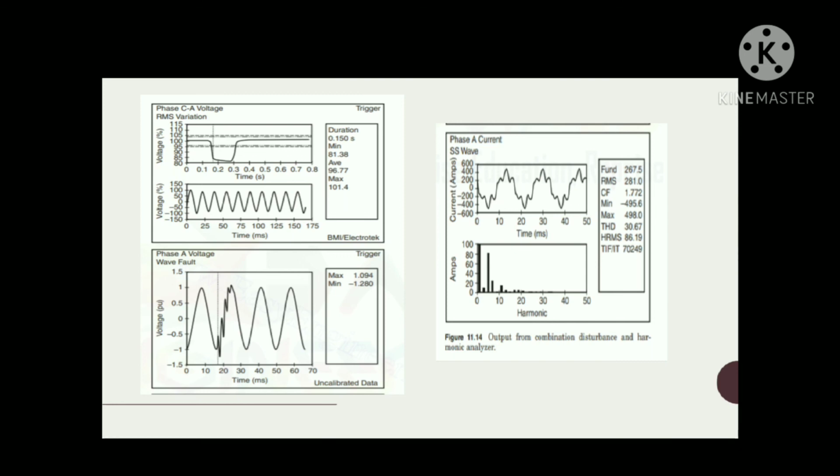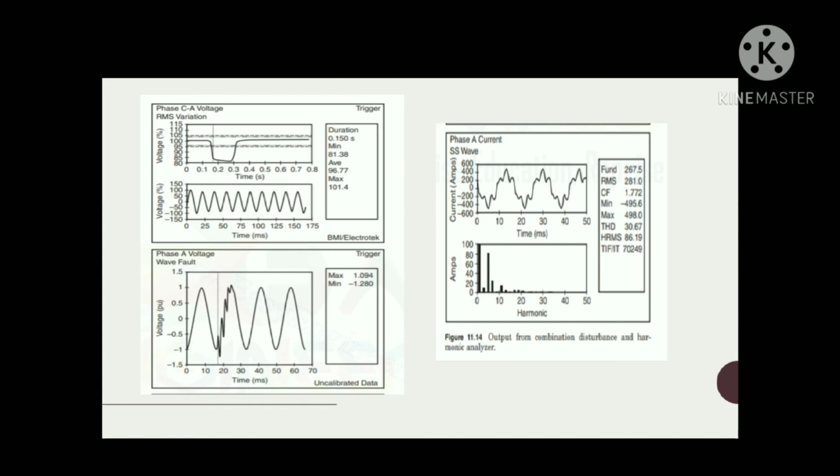And you can see that the top chart shows a typical result for a voltage sag. Both RMS variation for the first 0.8 second and actual waveform for the first 175 milliseconds are shown here in the first figure.